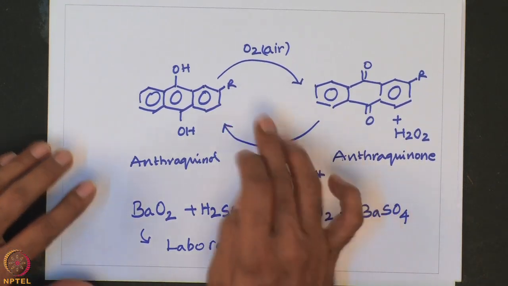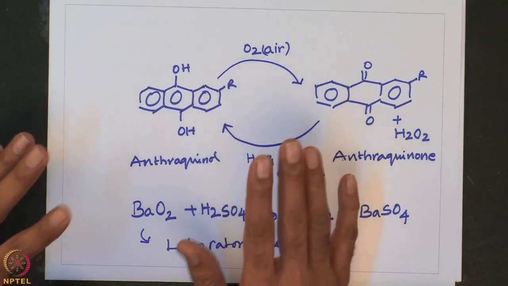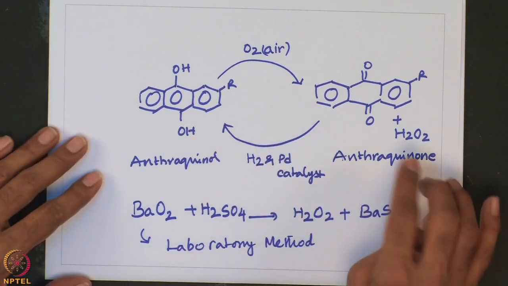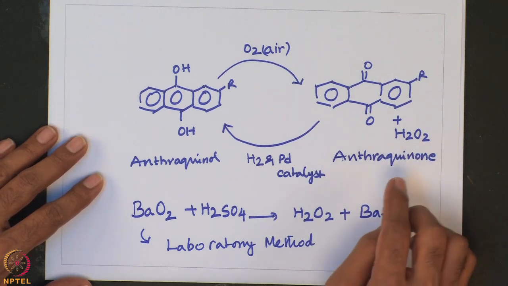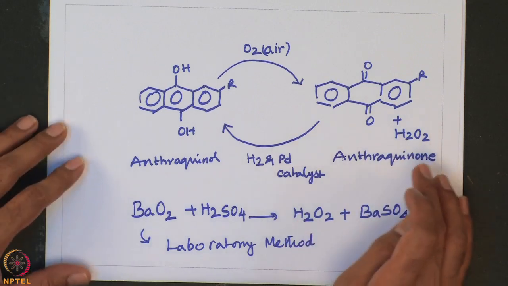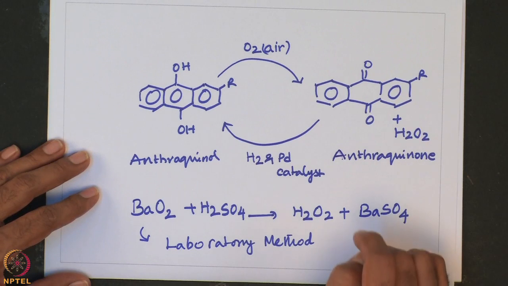So, in the industrial method, anthraquinol is taken and treated with oxygen to undergo aerial oxidation to form anthraquinone, and H2O2 is formed. This H2O2 is extracted by treating this organic medium with aqueous solution, so that H2O2 moves to the aqueous layer and can then be separated.